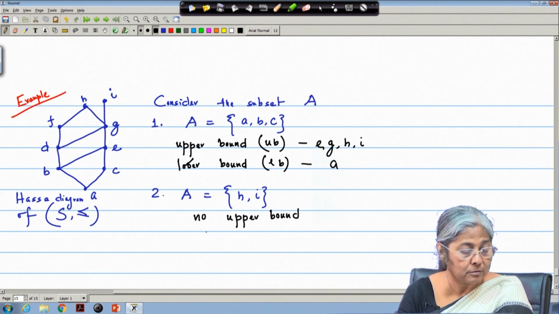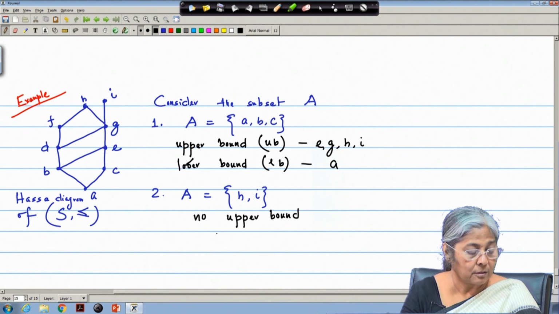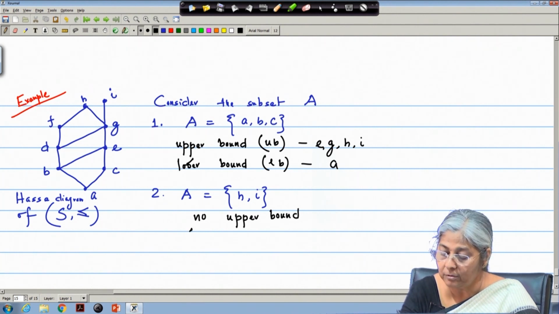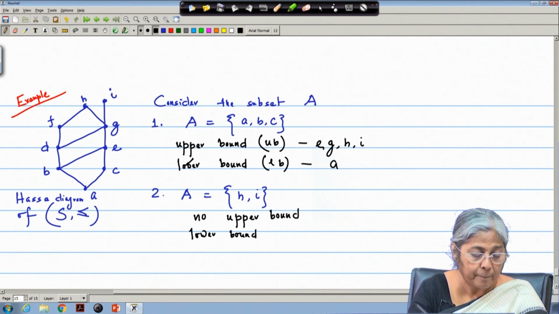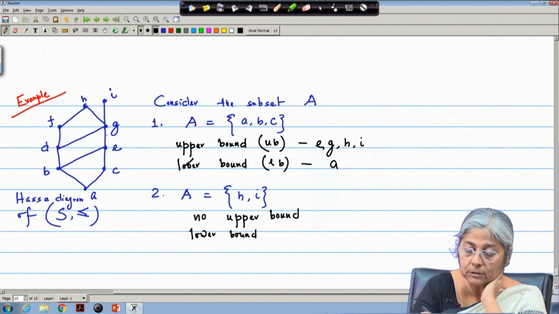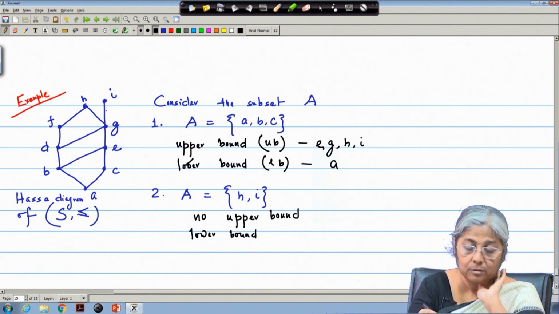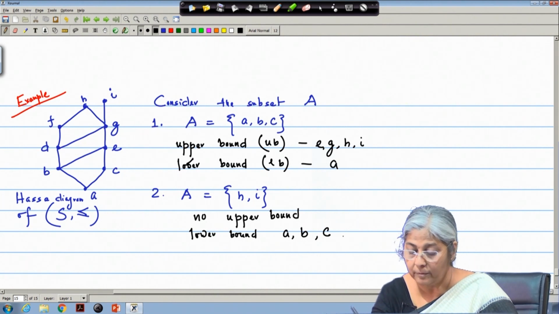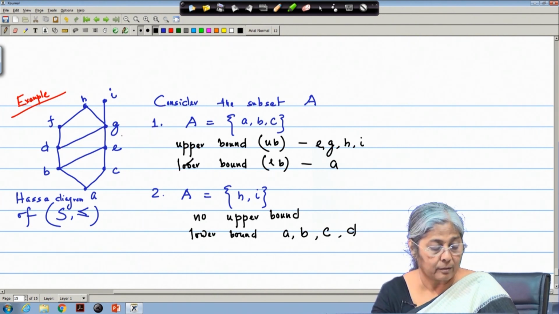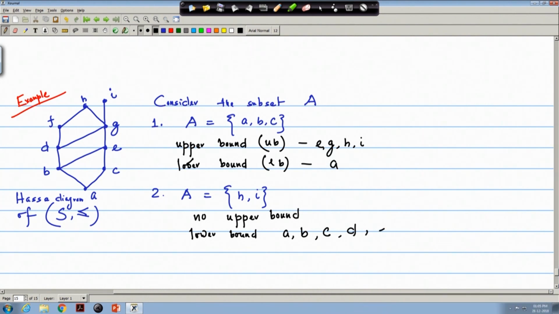But there is a lower bound. Since it is H, I, the lower bounds are A, B, C, D, E and G, all are lower bounds.